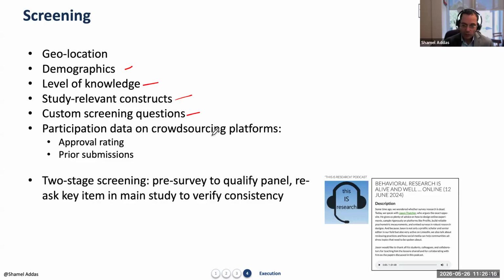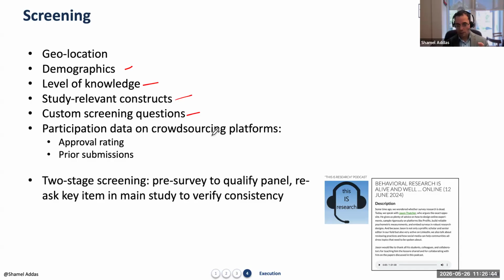One technique that I've heard about, on the podcast, I'm sure many of you have listened to some episodes by Nick Berente and Jan Grecker, the IS Research podcast. This was an episode, I think, with Jason Thatcher, who recommended using two-stage screening. Using Prolific, his team did a pre-survey in which they qualified the panel.